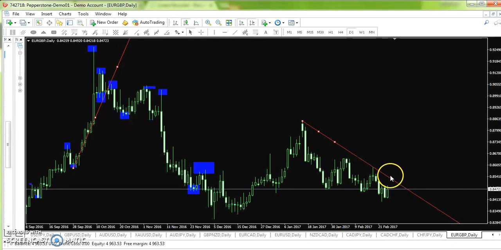To me, if the market breaks this trend line, then I would say that the bear market has come to an end, and now it may be a bull market. But as long as this trend line doesn't break, I would need to have a sell.